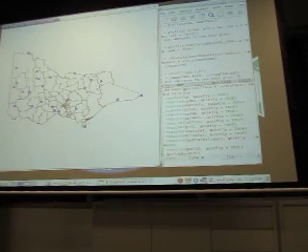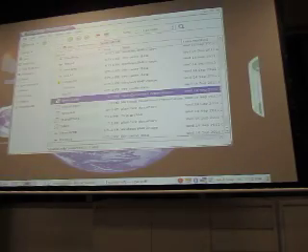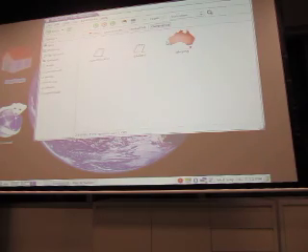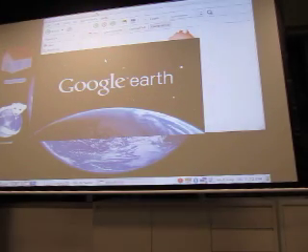Sorry about that. So here's my Victorian data. What I want to show you is the sites in Google Earth. If you wait a second, it will fly into the screen. So here's my high quality rainfall network sites.